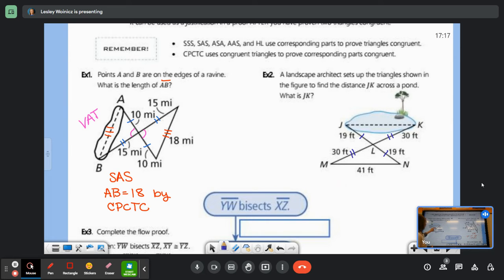Okay, we've got a pair of vertical angles. Thank you, vertical angle theorem. Then we can again use side, angle, side to prove that these triangles are congruent. And finally, we can say that the side MN is congruent to the side JK. So we can find the measure of JK is 41 feet.